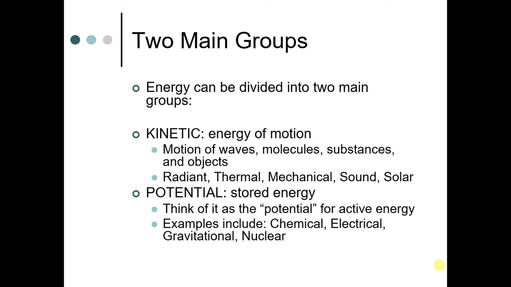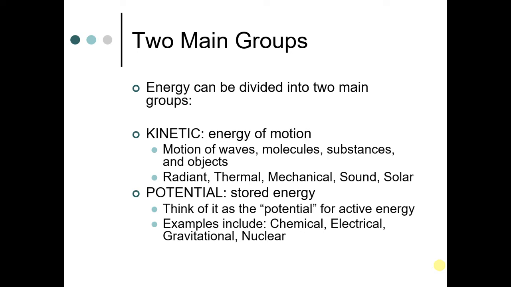So the motion of waves, of molecules, of objects or substances are all examples of kinetic energy. So when we talk more about the forms of energy, radiant, thermal, mechanical, sound energy, all of those we'll be talking about as examples of kinetic energy.